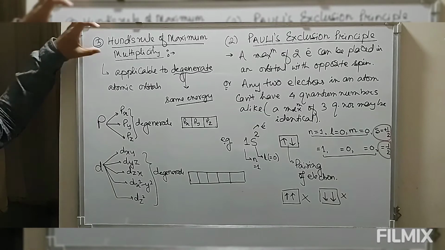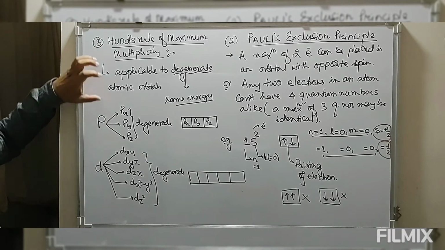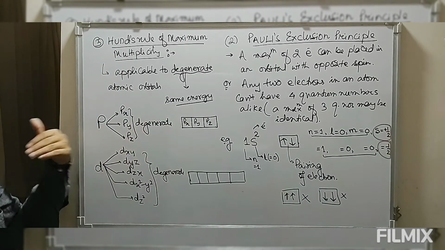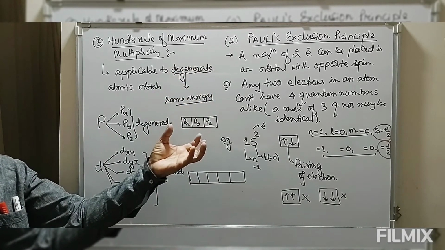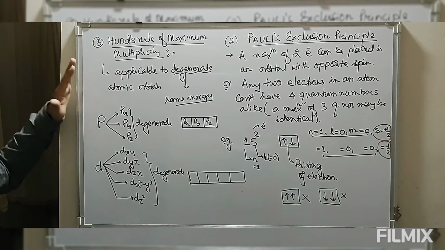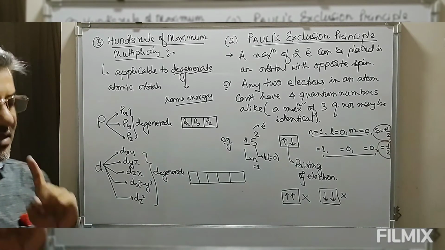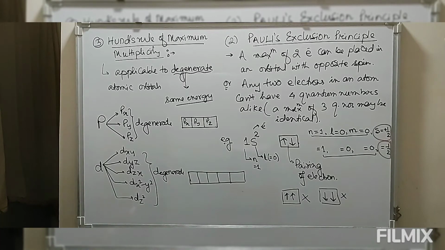So Hund's rule of maximum multiplicity is applicable to p orbitals, d orbitals, f, g, h, etc., that is, orbitals having the same energy. This is not applicable to the s orbital because s has only one orbital, which is symmetrical. So this is Hund's law of maximum multiplicity, which is applicable to degenerate orbitals.